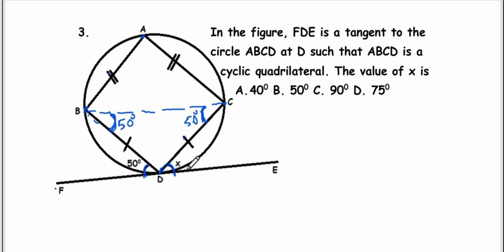So if this is 50, this is also 50. So x is 50. Okay, let me run through it again. Angle BDF is equal to angle BCD. That's this angle is equal to this angle. Alternate segment.